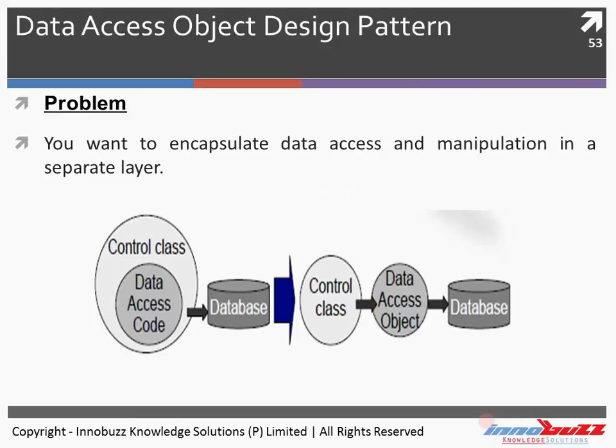So the problem is you have everything in a single class. The class which controls your business logic is also trying to access the database, which has database code, and that is the problem. The solution is to separate these two: one having the control class and one having the data access object, which in turn connects to your database.